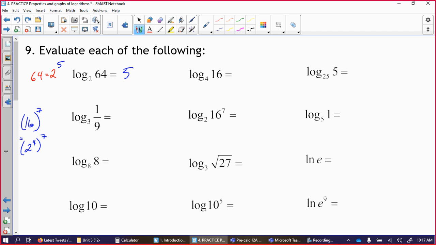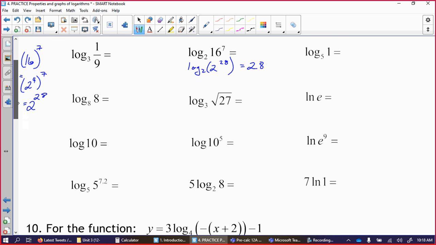If I simplify that, we have 2 to the 4 times 7, which is 28. So this is log base 2 of 2 to the 28. Log base 2 of 2 cancels. So that's how we get questions like those.